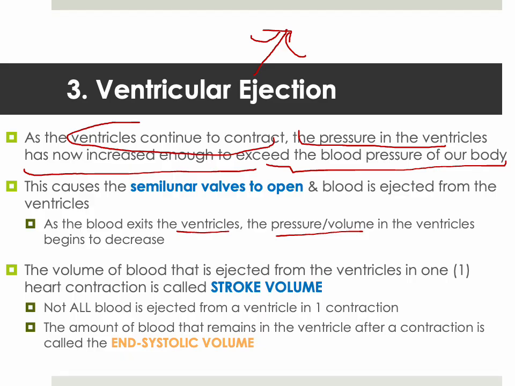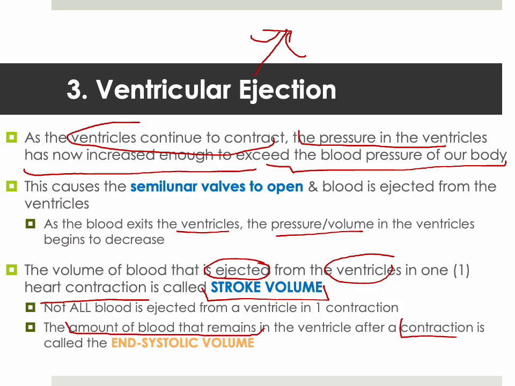The volume of blood ejected from the ventricles in one heart contraction, think of it as one squeeze, is called stroke volume. The amount of blood that remains after this ejection is known as the end systolic volume. So think about it, we squeezed that bottle, and whatever is left in that bottle is called end systolic volume.